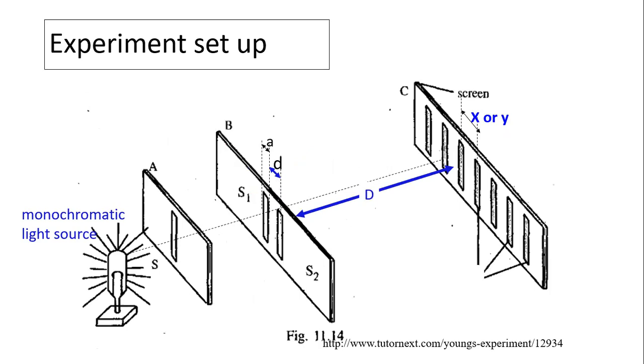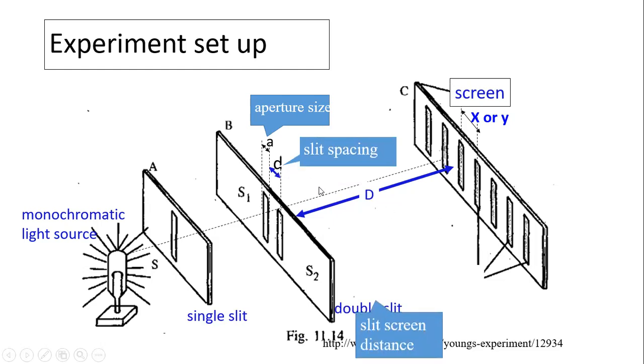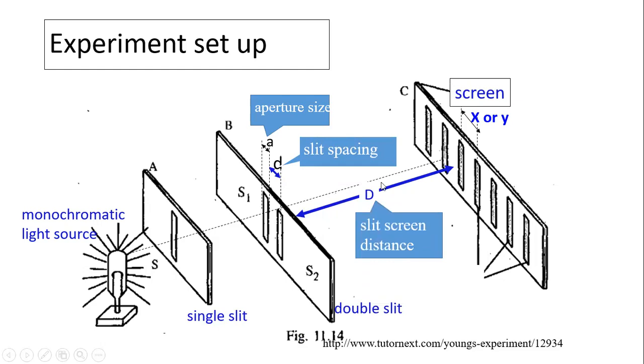A is the aperture size, for the single slit and double slit. The slit spacing is called d, and capital D is called the slit-screen distance. And this is called interference fringes, the pattern that we see on the screen.